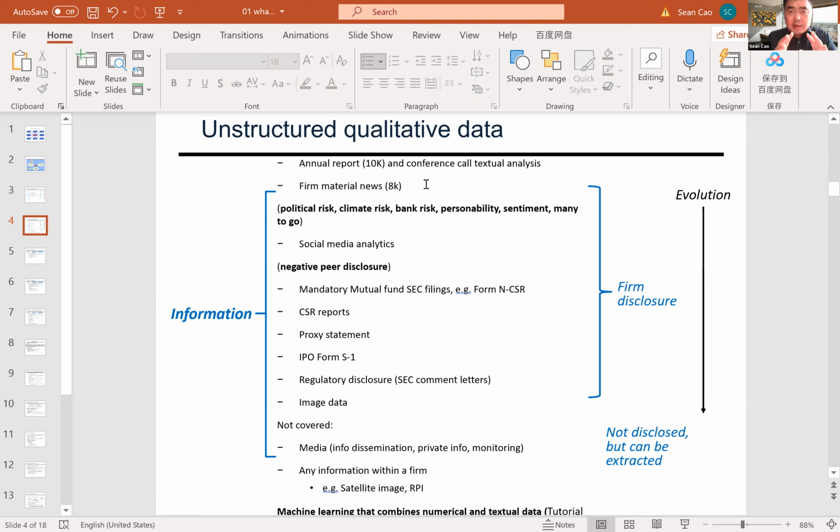That's the beauty of the data, because the data contains so much information, and then you can use the data to measure a lot of things. You can measure a lot of things you could never have access to before.